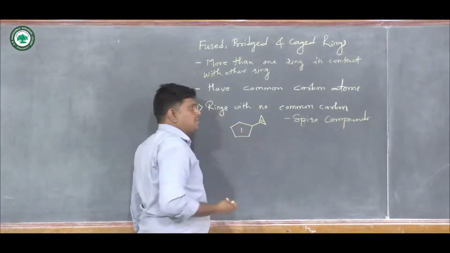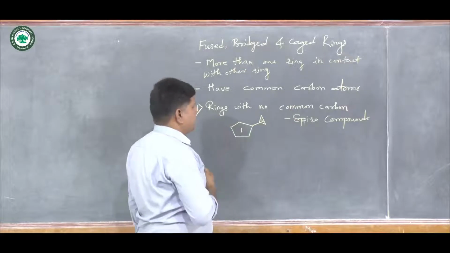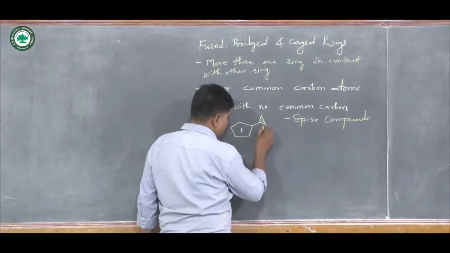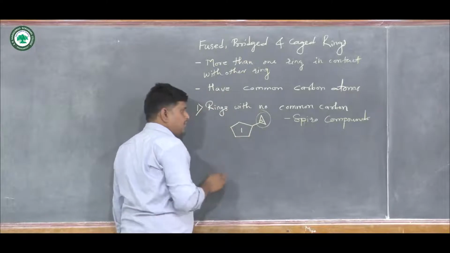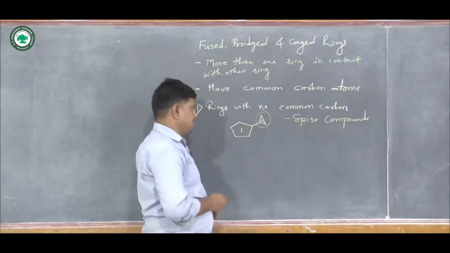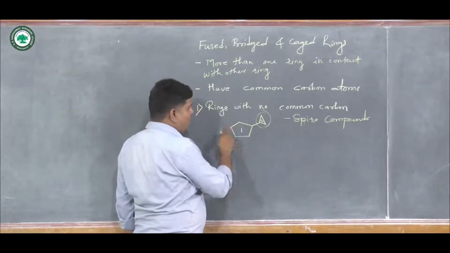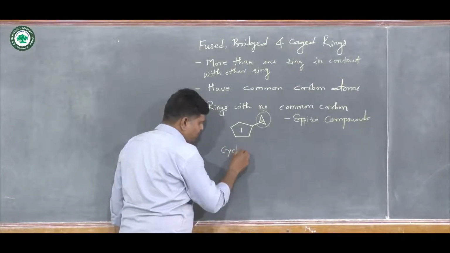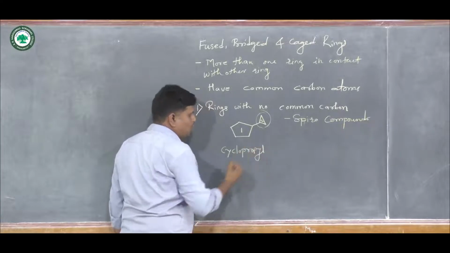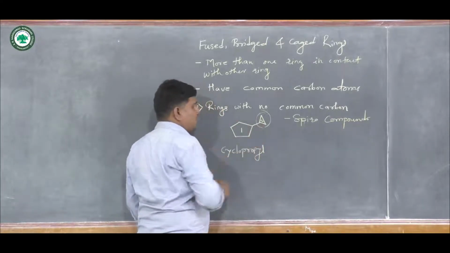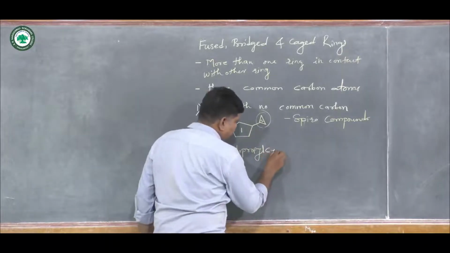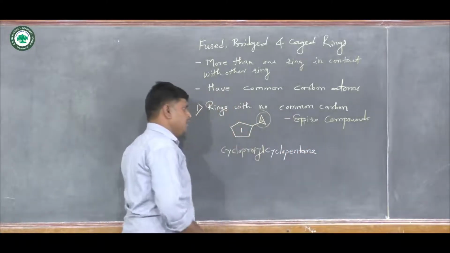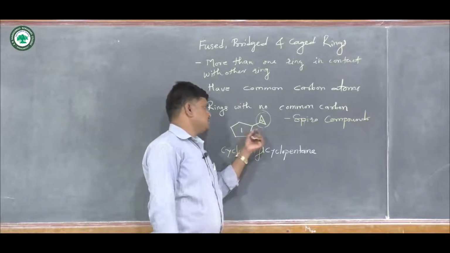The ring having more carbon atoms is the parent ring, so its name is cyclopentane, and the 3-membered ring is a substituent, cyclopropyl. So it is cyclopropylcyclopentane.